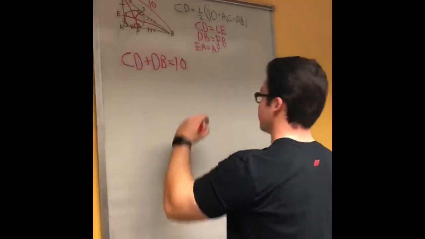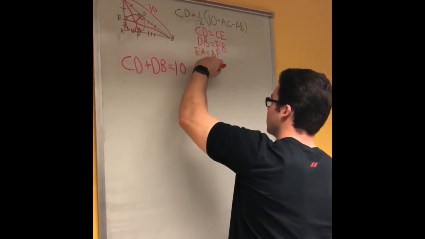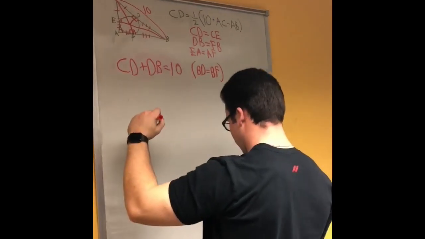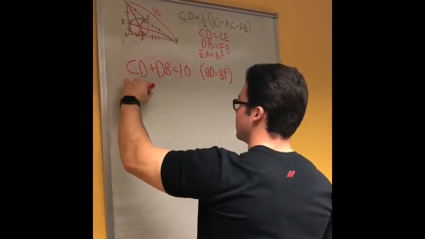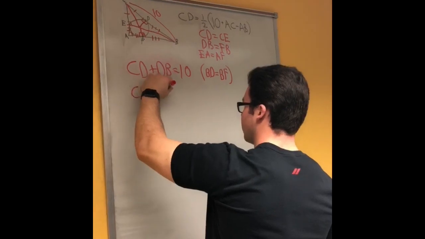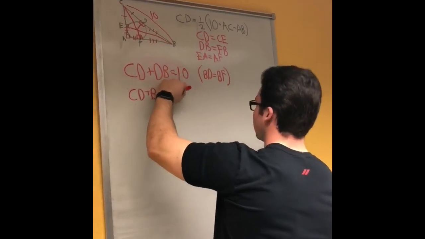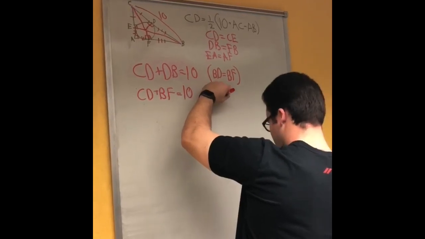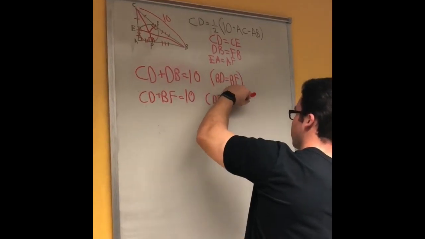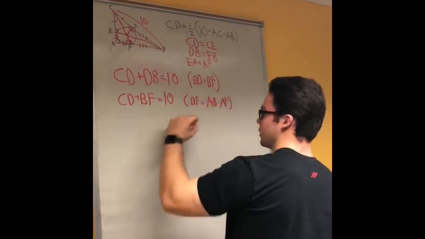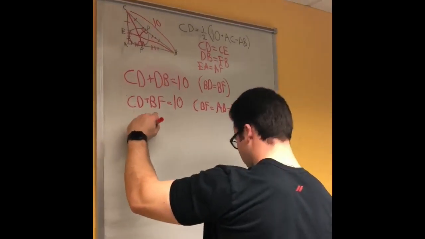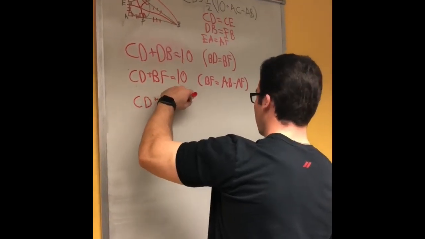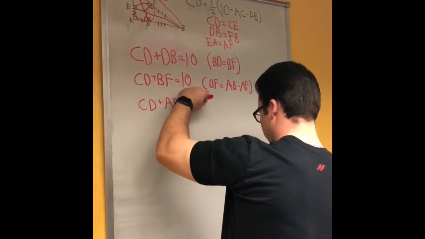But we also know that BD equals BF. So we can replace that and say that CD plus BF equals 10. But we know that BF is really just AB minus AF. So then we can do CD plus AB minus AF equals 10.